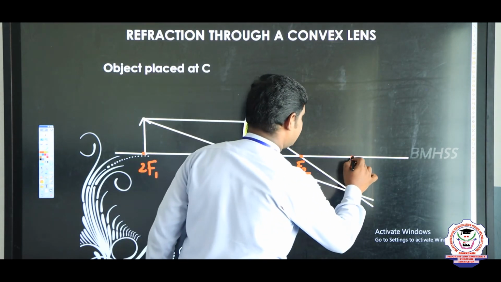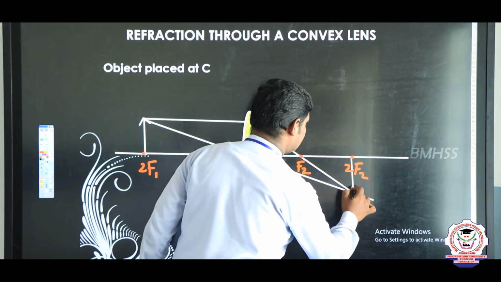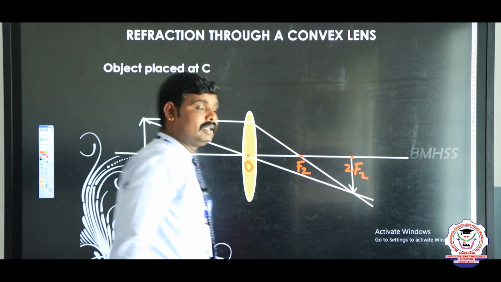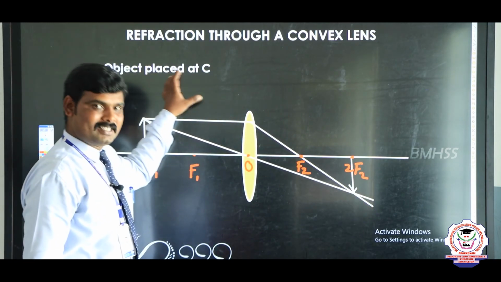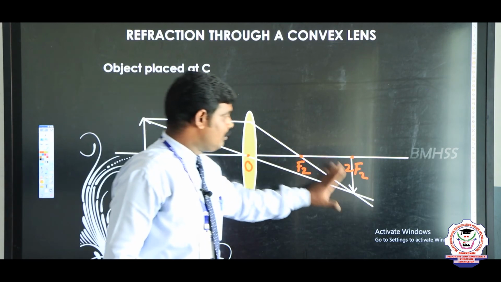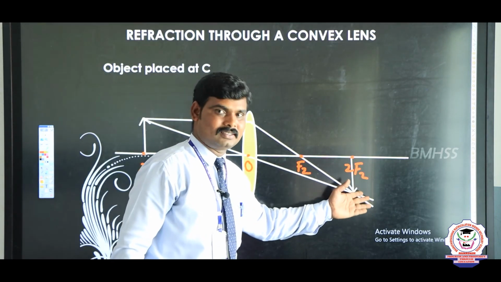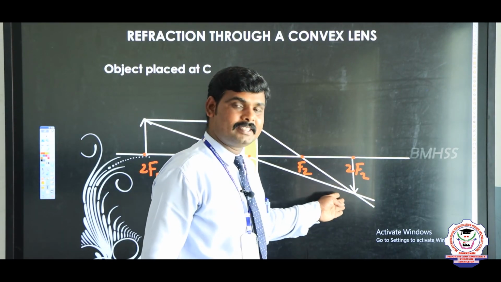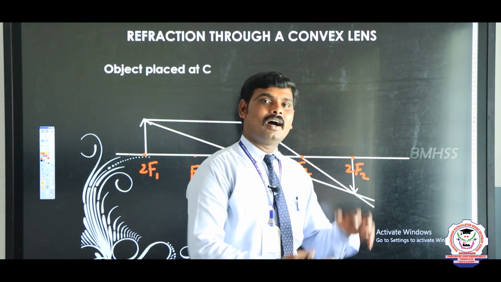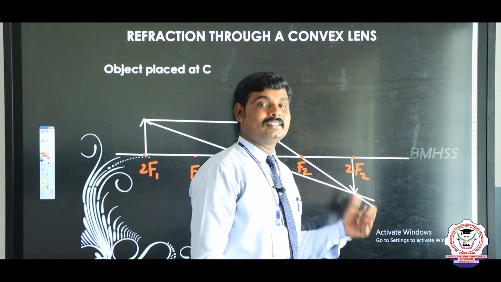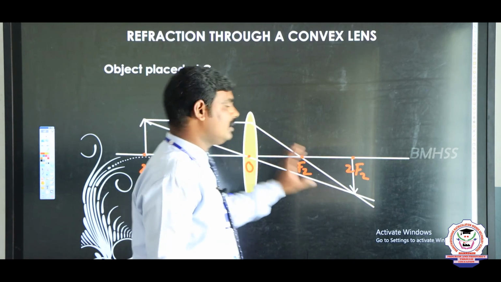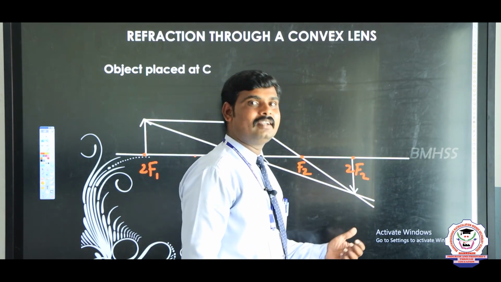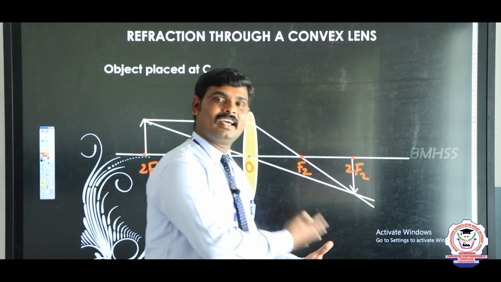So we will get that image at 2F2. If the object is placed at C, the image we will also get at C. The position of the image is at 2F2, the size of the image is the same, object and image are equal, and the nature of the image is real and inverted.